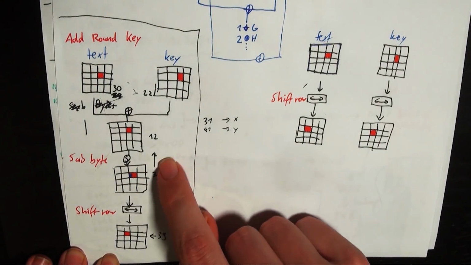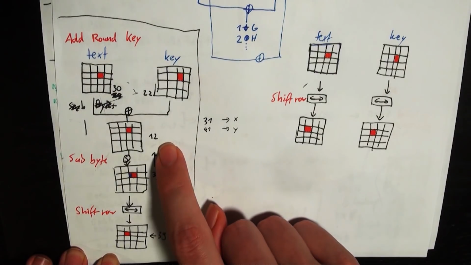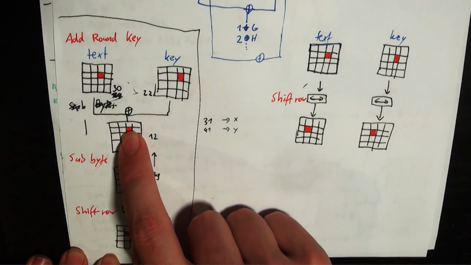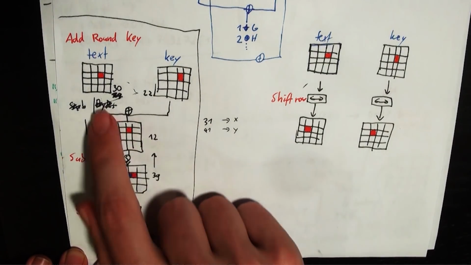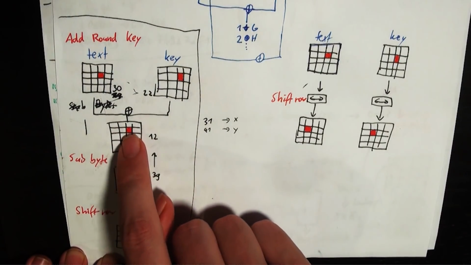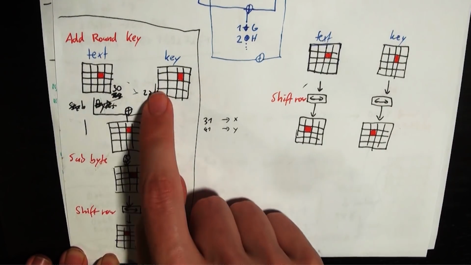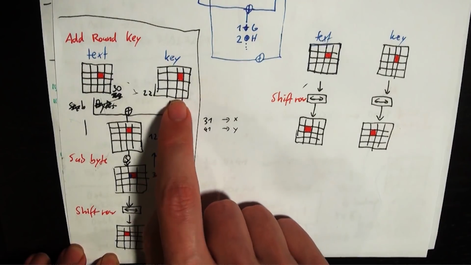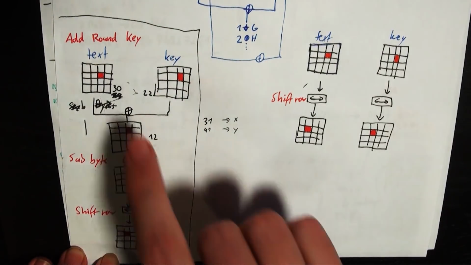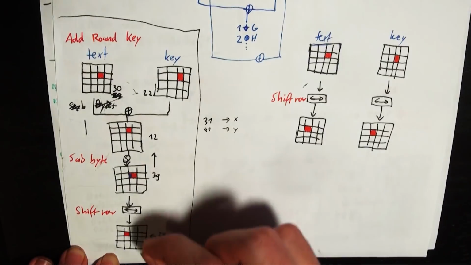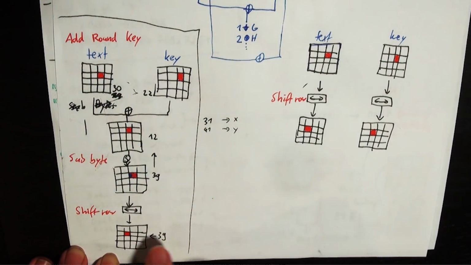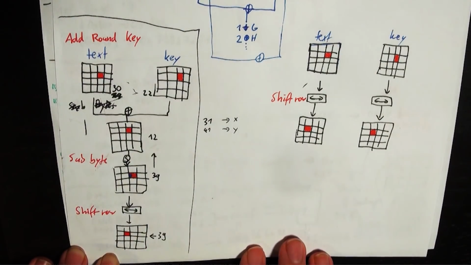Reversing the S-box is easy, like I said. 3.9 would correspond to 1.2. And if that is the result of the XOR between the text and the key, we can use 12 XOR 30 and we would get out the key. So I was just exploring how single bytes would change during AES, and what parts I can reverse.